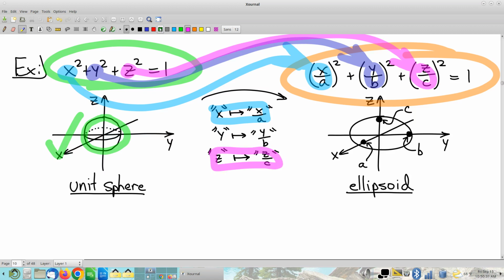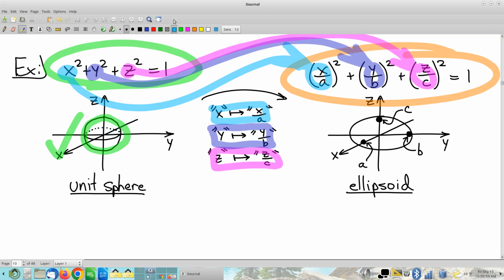I'm just doing sort of 3 tweaks to the equation, and each one of these replacements, I have an existing geometric interpretation of what they do. Whatever you do to the x, the opposite is going to happen to the surface. So by replacing x with x over a, I'm going to be stretching in the x direction by a factor of a.